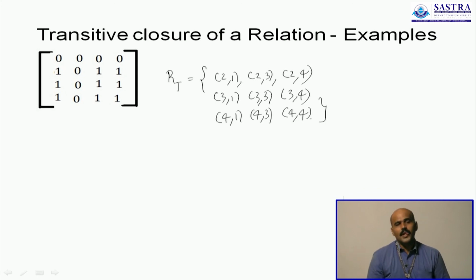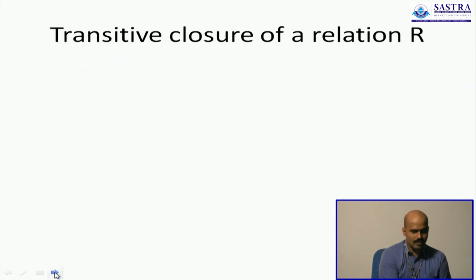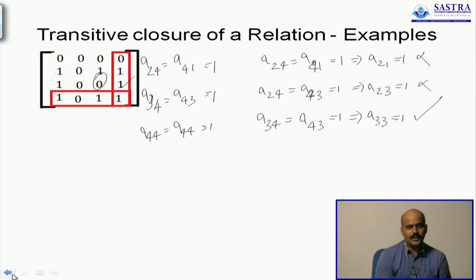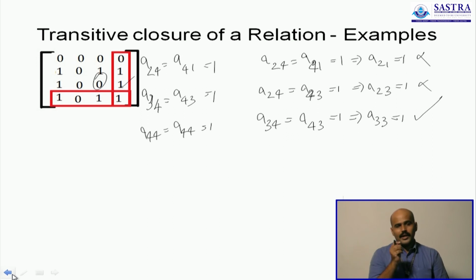So with this we have wrapped up this set of lectures on relations which will become transitive when we apply Warshall's algorithm. In the next class we will have a look at a set of problems where we will show that a given relation is an equivalence relation.